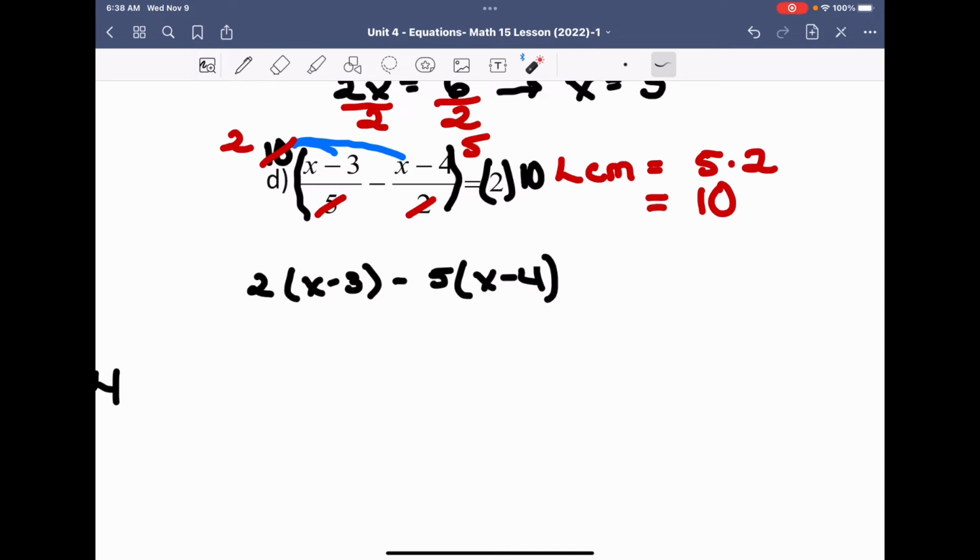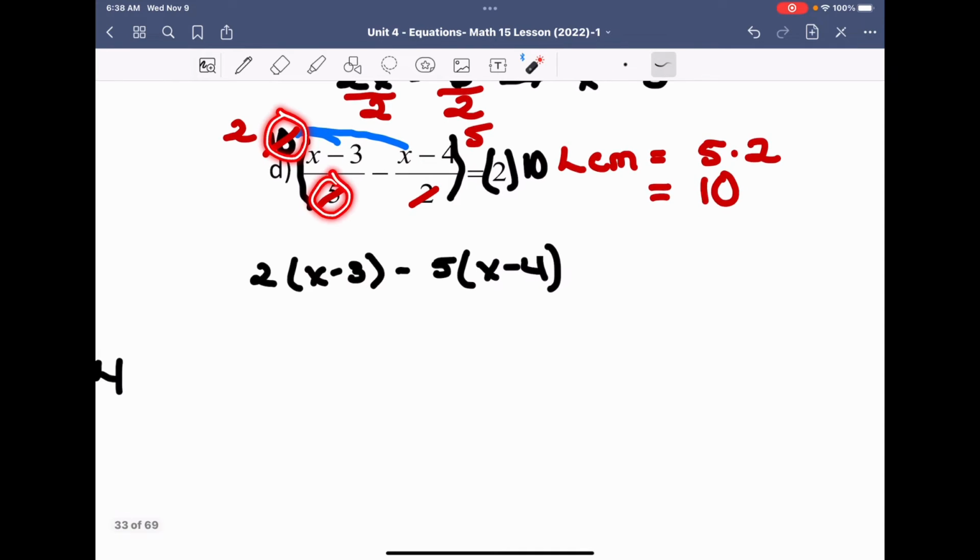Because when I reduced my terms here, when I did 10 divided by 5, the coefficient was 2. When I did 10 divided by 2, the coefficient remaining was 5. Now, this is all equal to 20, or 2 times 10.